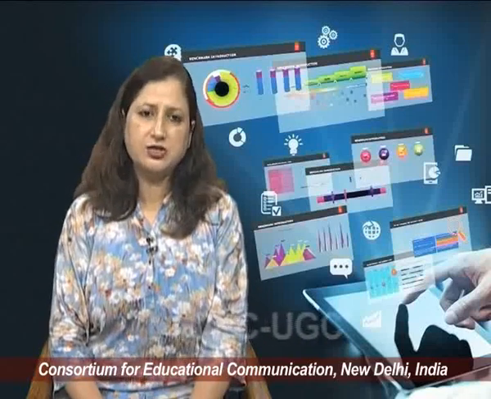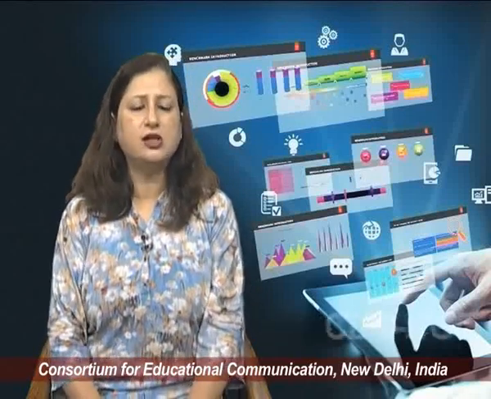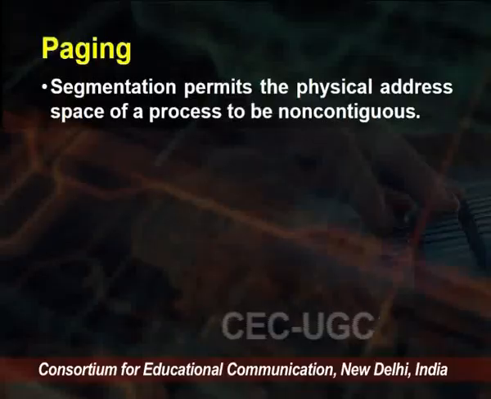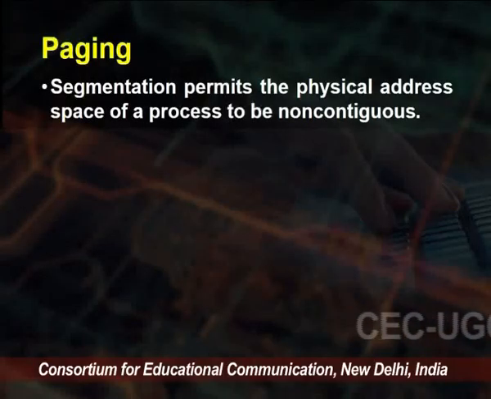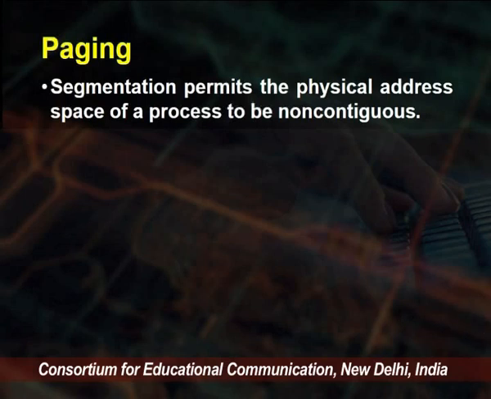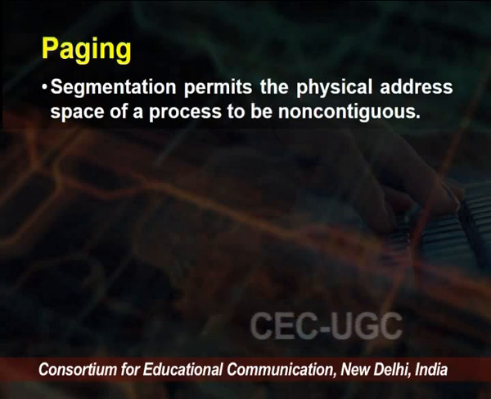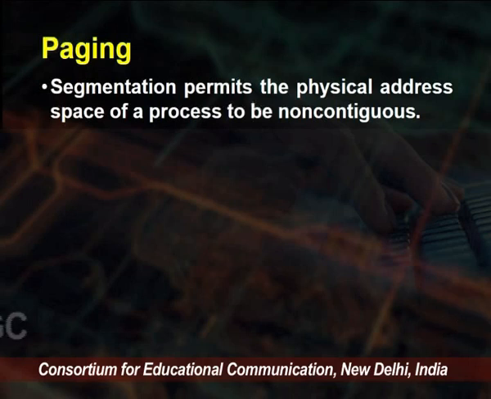But segmentation solves the problems only partially, and therefore another technique is also very commonly used, and it is very crucial, which is known as the paging technique, right. Segmentation allows the physical address space of a process to be non-contiguous. That is, the process can use spaces in the physical memory which are not continuous.